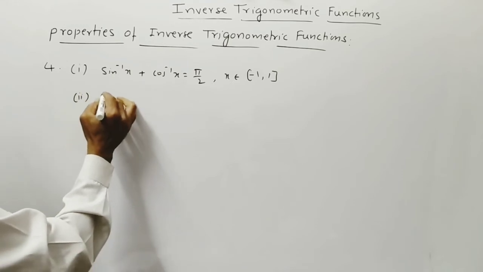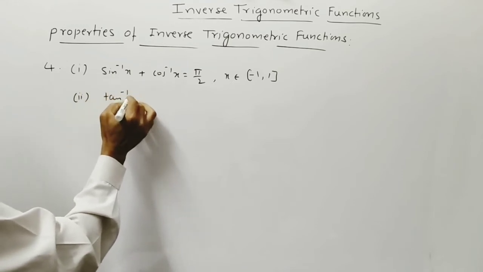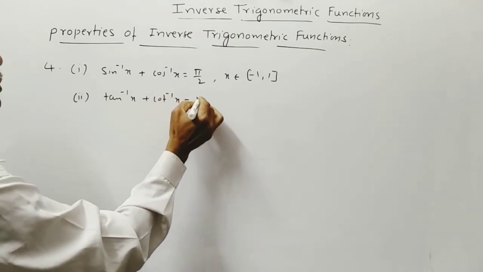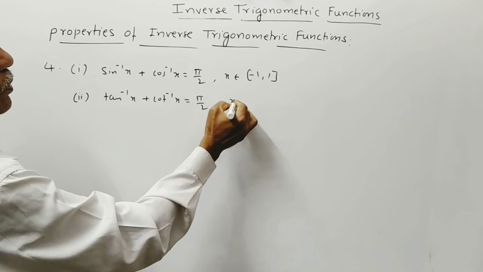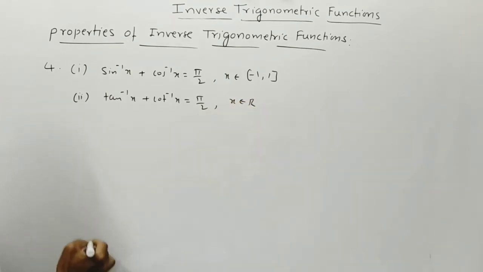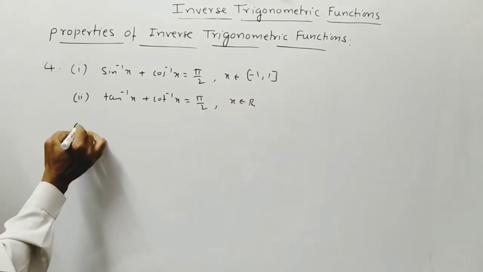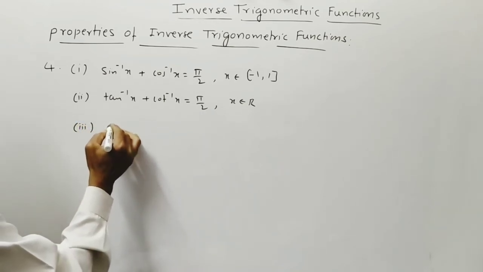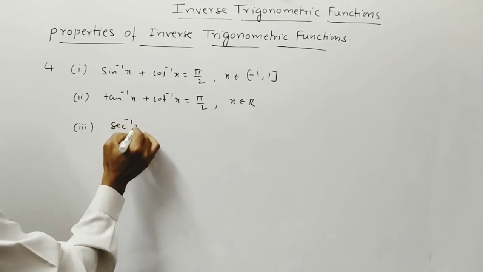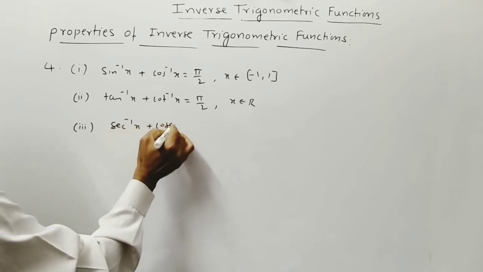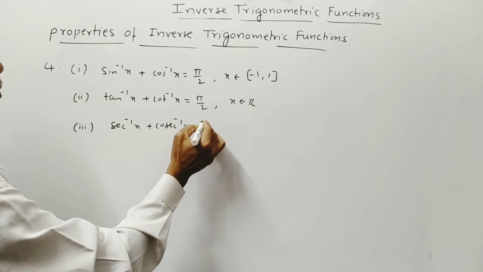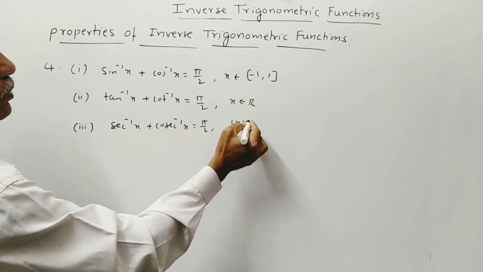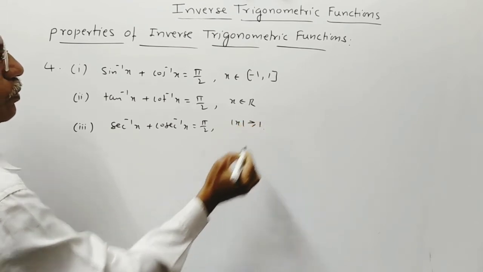Second one, tan inverse of x plus cot inverse of x is equal to pi by 2, x belongs to R. Third one, sec inverse of x plus cosec inverse of x is equal to pi by 2, and modulus of x is greater than or equal to 1.